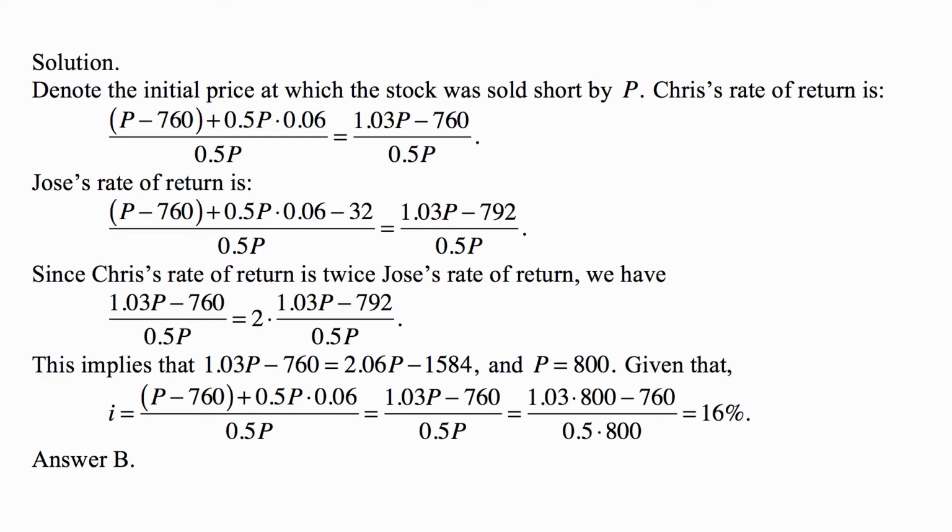And given that I, the rate of return that Chris earned, is (P minus 760 plus 0.5P times 0.06) over 0.5P, we calculate it to be equal to (1.03P minus 760) over 0.5P. So (1.03 times 800 minus 760) over (0.5 times 800), and that's exactly 16%.